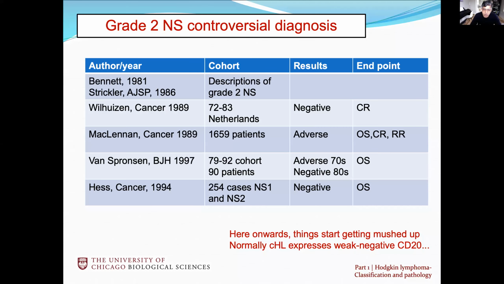And then there is a lot of controversy around this grade 2 business. Obviously we like to do survival curves, grade 2 nodular sclerosis versus cases that have few large cells.